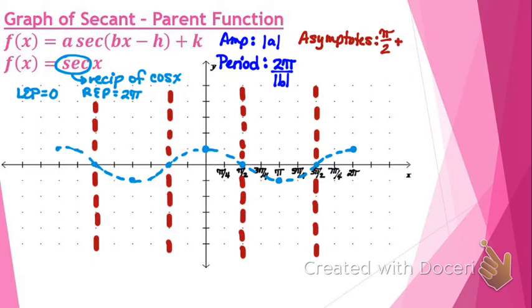How far from pi over 2 would I count then to get to the next one? How many little lines over? 4 little lines over, and we're counting by pi over what? 4.